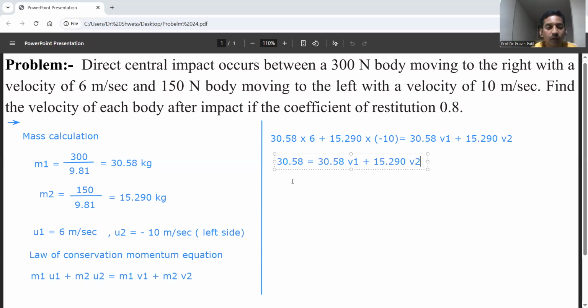So divide throughout the equation by 30.58.